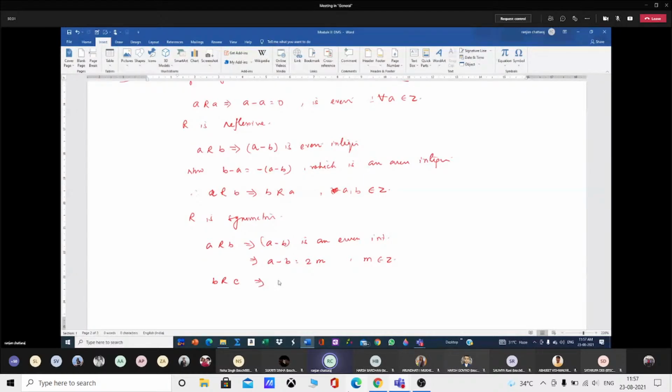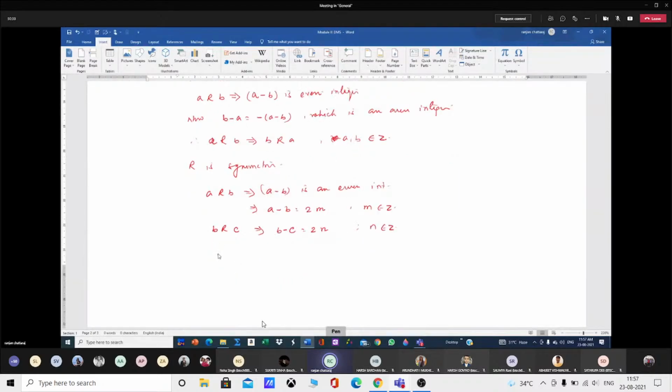Now A is R related to C. A minus C is equal to 2M plus 2N, that is, 2 times (M plus N).